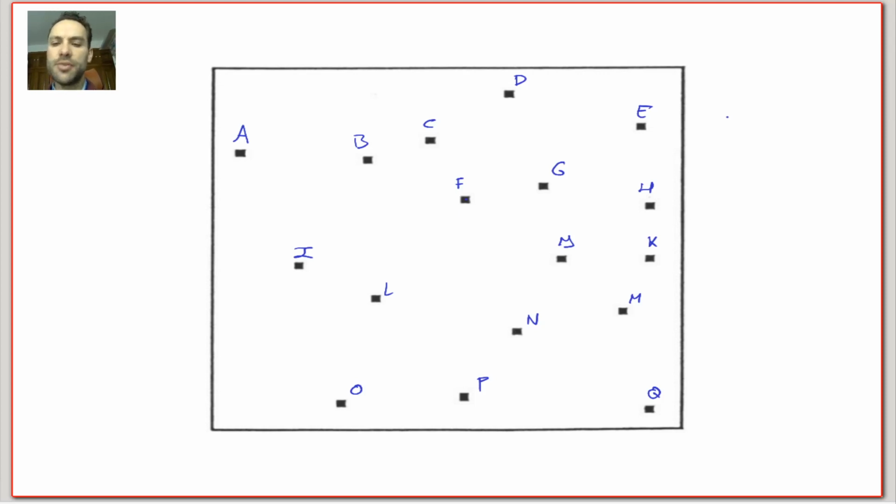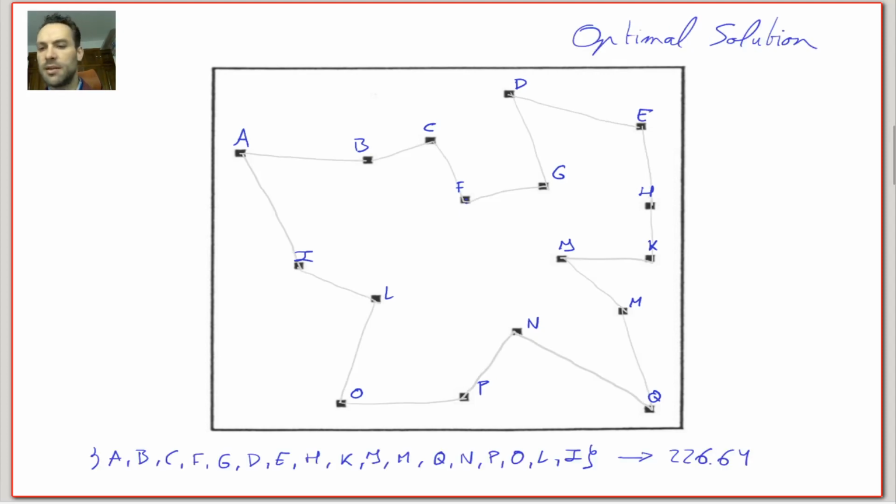Well, I will use this problem instance where we would like to find a good circuit that visits each of these cities, each of these points, and there is a possible arc, a possible edge between any pair of these points.